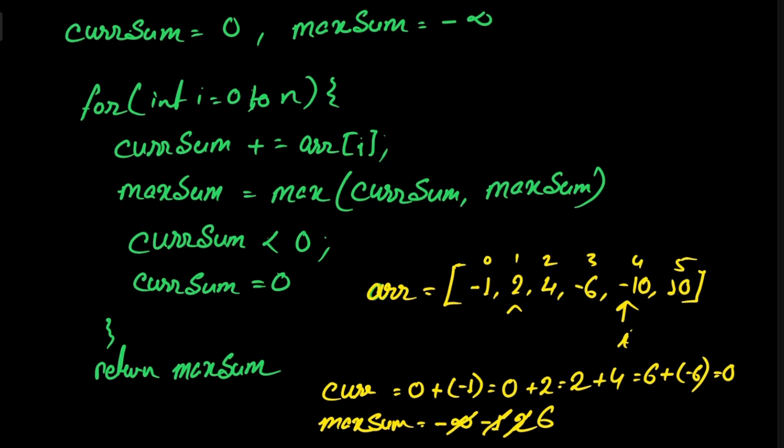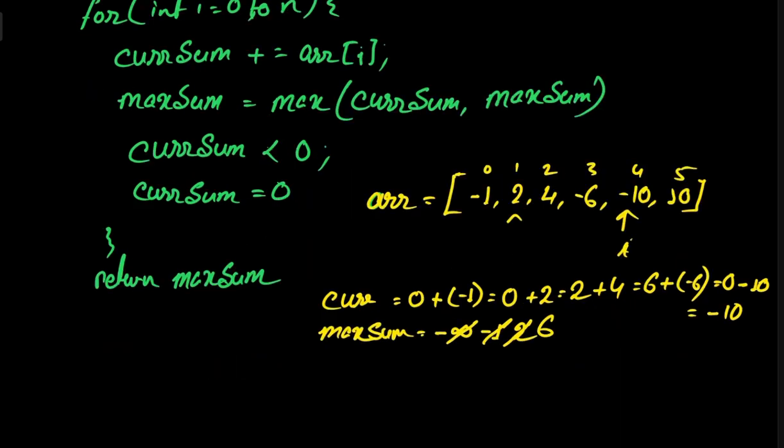Now the current sum is 0, and 0 minus 10 will be minus 10. So the max sum is 6, which is greater than minus 10, so the max sum will not change here, and the current sum is minus 10, which is less than 0.